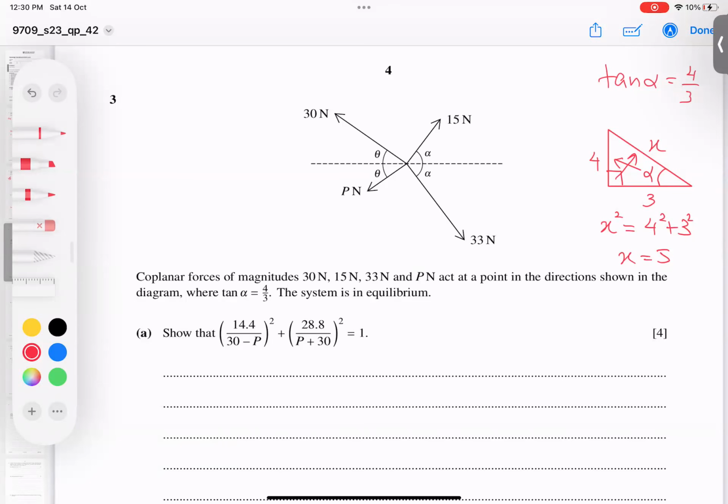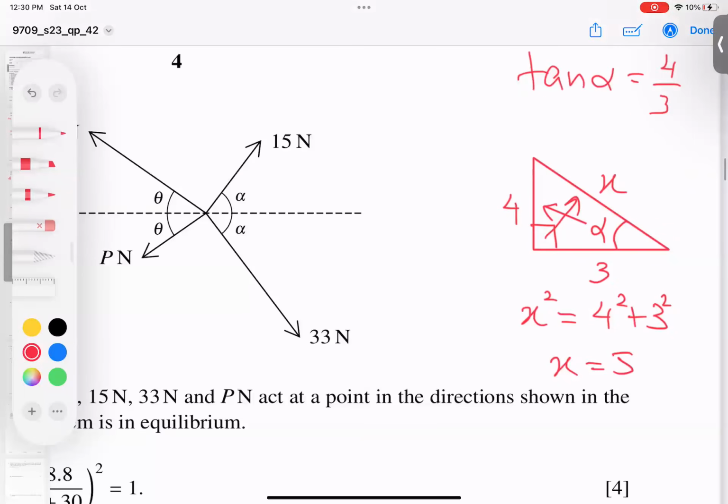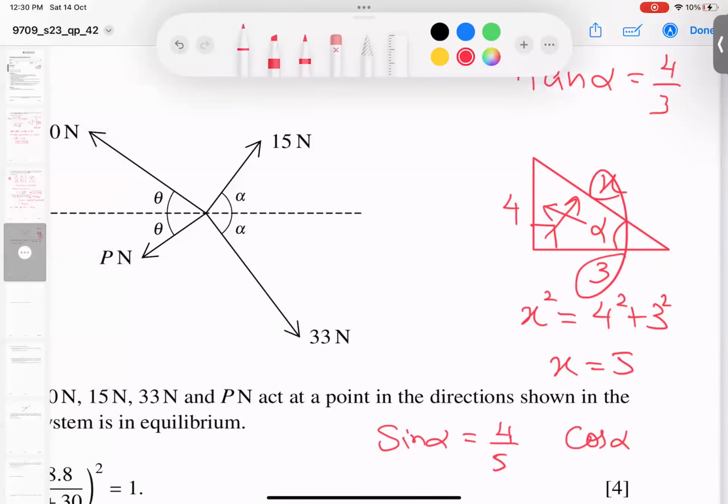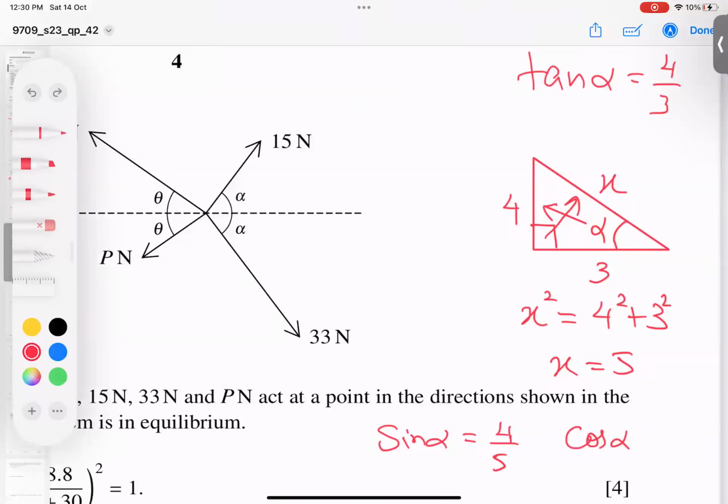Now I can find easily what sine alpha and cos alpha are. So it's a very clear approach. Sine alpha is opposite by hypotenuse, so 4 upon 5. And cos alpha is adjacent by hypotenuse, so 3 over 5.